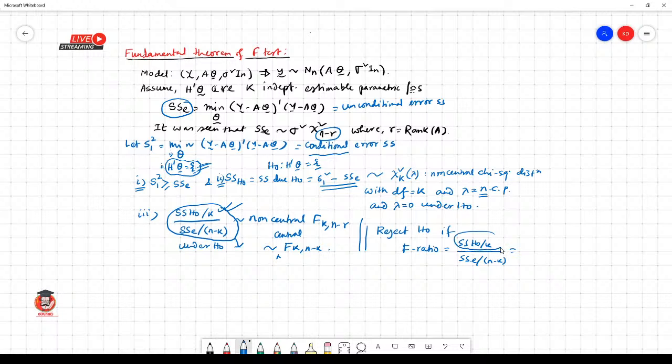SS H naught by k, we denote by MS H naught, the mean sum of squares due to H naught, and this is the mean sum of squares due to error. So F alpha is the upper alpha percentile of the F distribution with k, n minus r degrees of freedom.